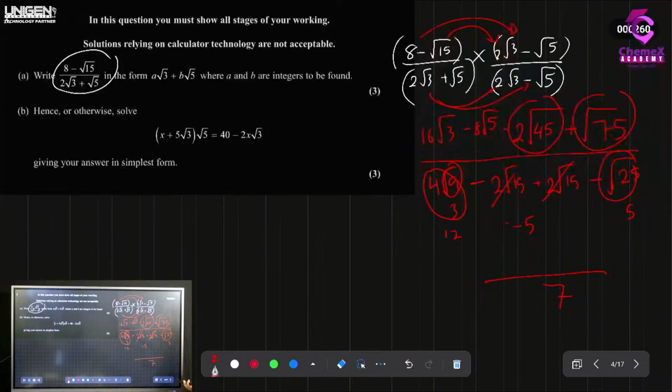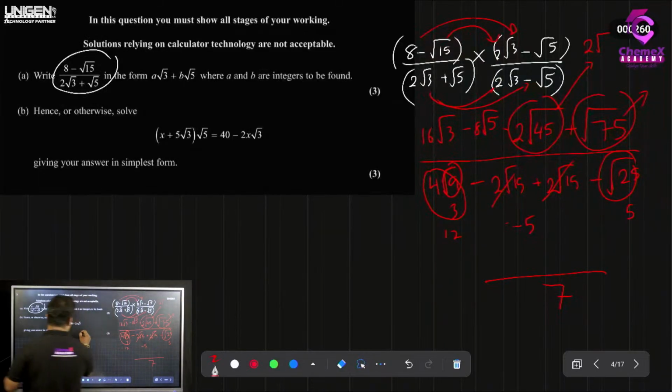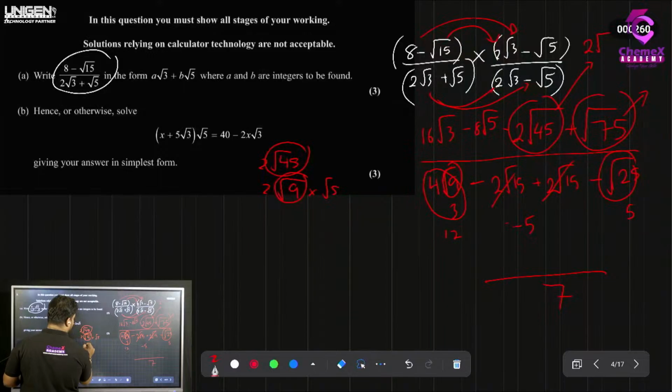Numerator simplification terms. So 45 can be broken down. Even 75 can be broken down. So 2 root, what can you write 45 as? I want you to take it as simplified terms. Same, 9 times 5, right? So which is going to be 3.